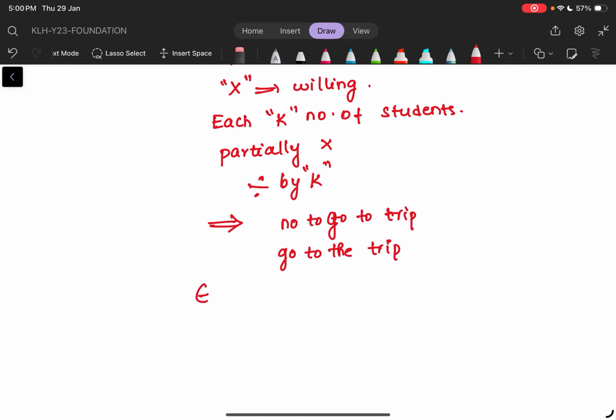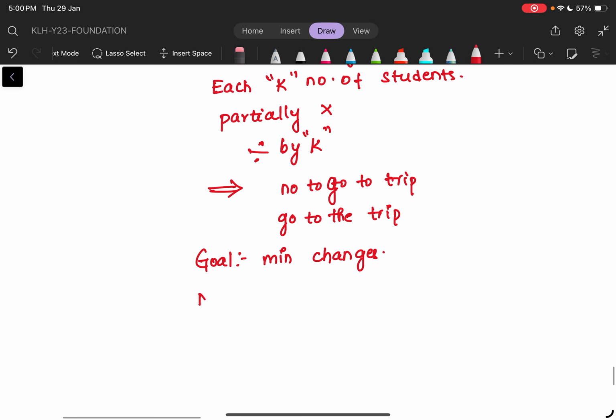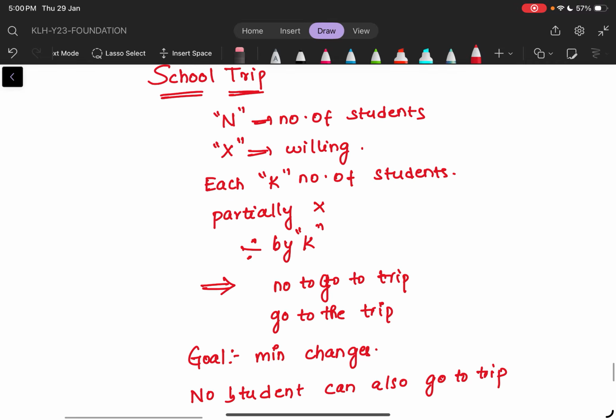The goal of the problem is to find the minimum number of changes so that you can have a successful trip. There is a condition in the question that it is allowed that no student goes to the trip. This is the problem statement given.